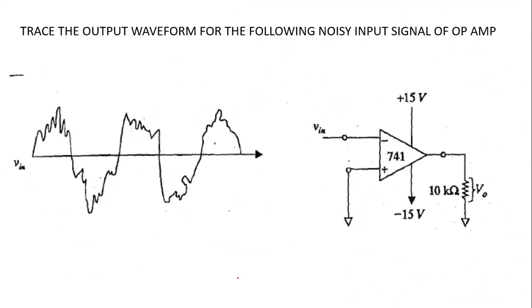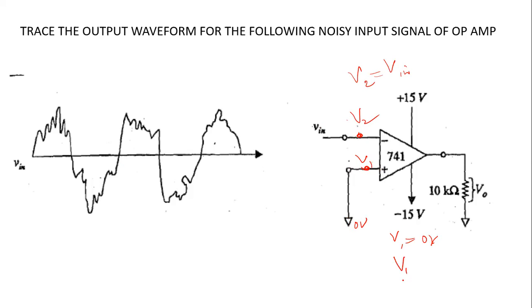Now, let us see this input signal here. Here, this is your V1 again. Voltage at the non-inverting terminal is denoted as V1. Voltage at the inverting terminal is denoted as V2. V1 is again connected to 0 volt. This triangle is the symbol for 0 volt. Your V2 is equal to Vin, right? Your input signal is again connected to the inverting terminal.